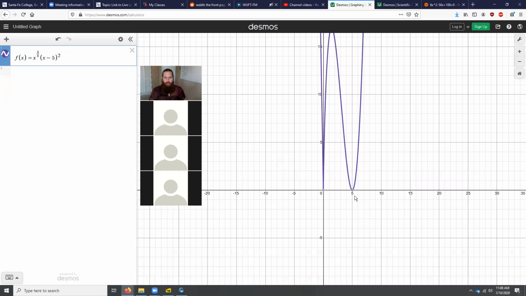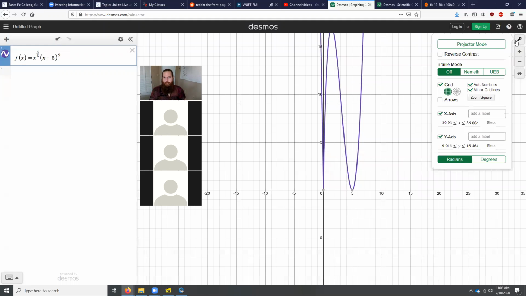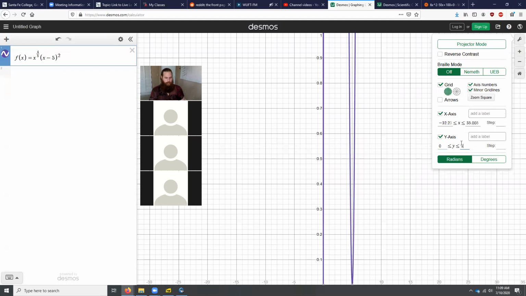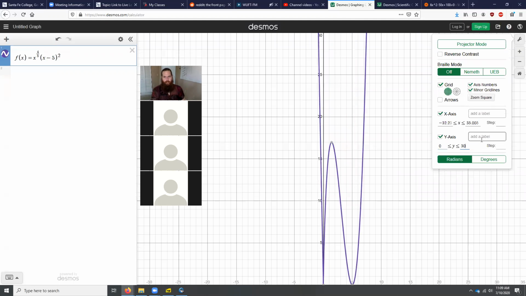All right, so it's a little bit hard to see. Maybe play with the scales just a little bit more. Let's do like 0 to 10, 20, something like this.